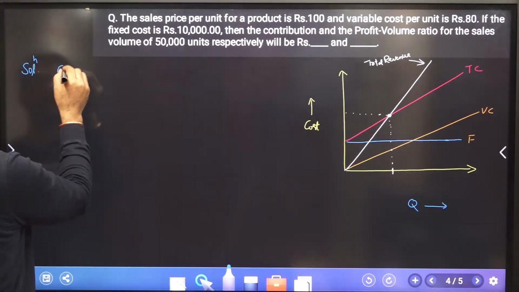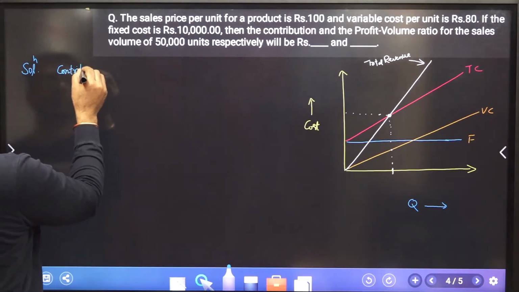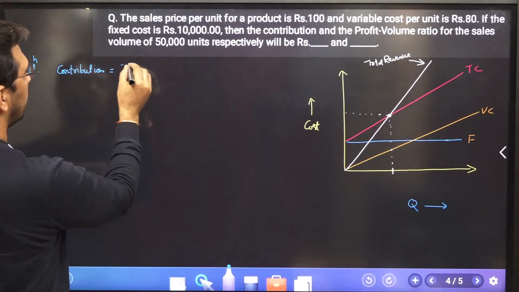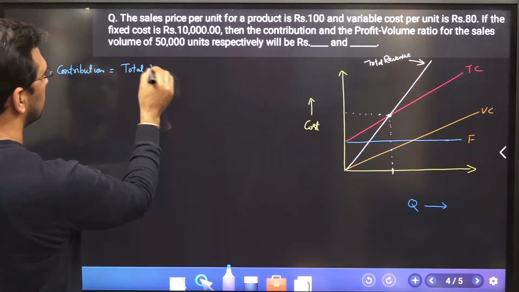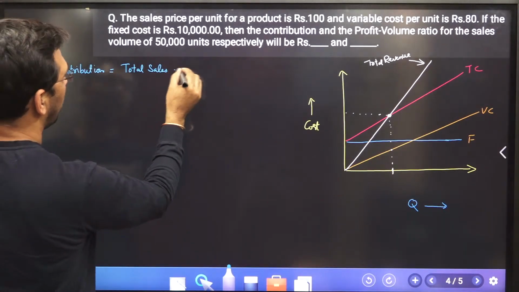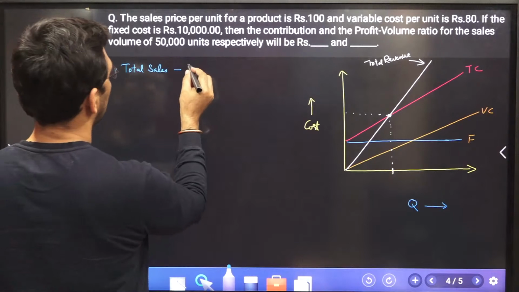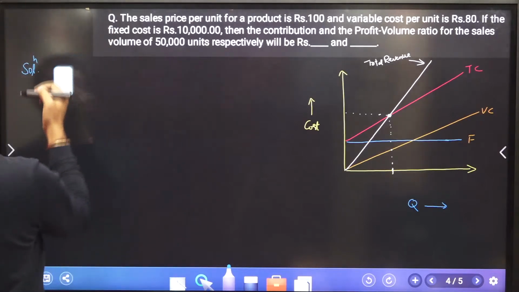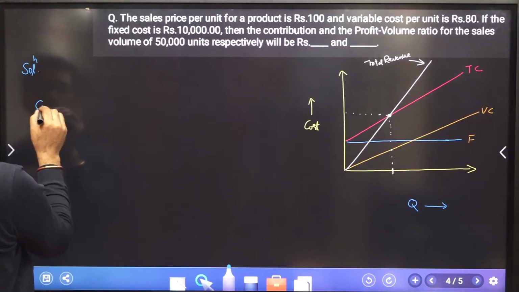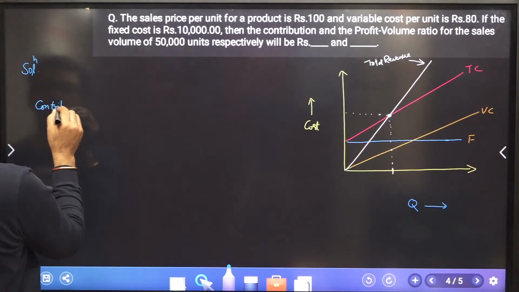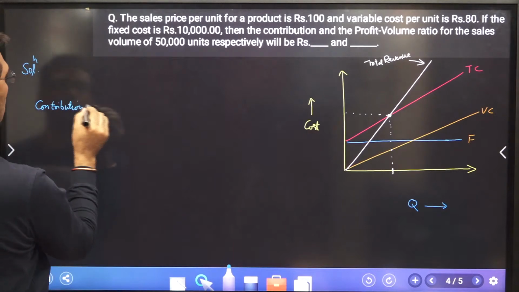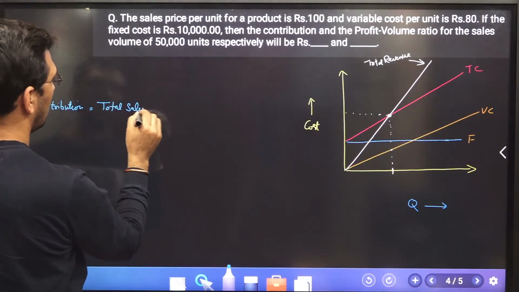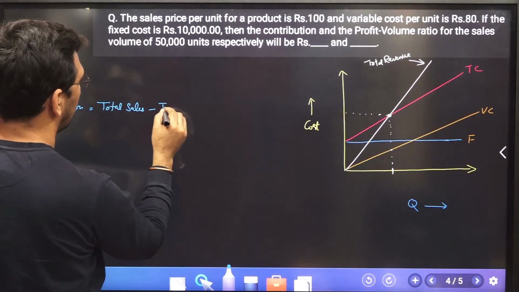I need to write down the information also, so I will write it down there. Contribution equals total sales minus total variable cost.